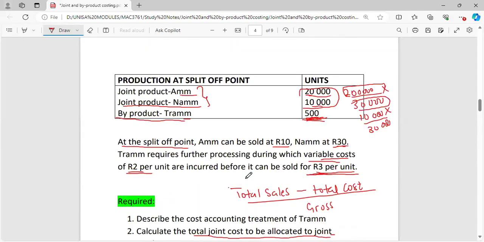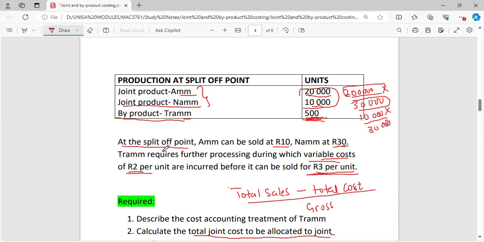Split off point is where the products separate and can be identified. This is ARM, this is NAM, this is TRAM. So that's the split off point.